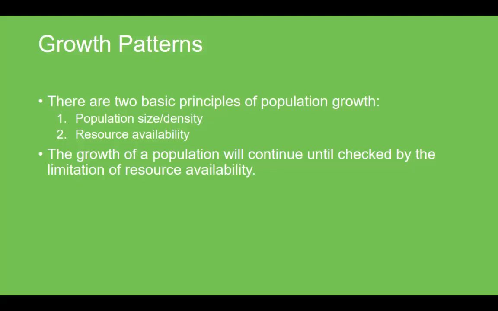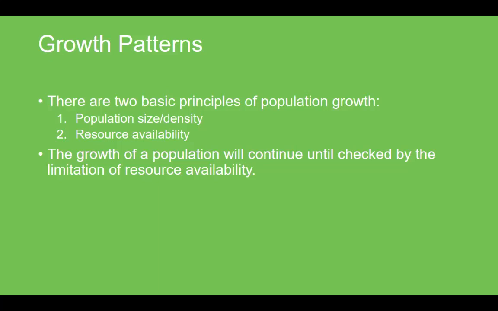Okay, often you may have heard of the term carrying capacity. So as there begins to be an increasing competition for resources, not everybody's going to make it because not everybody's going to get what they need to survive. This leads to 2 basic patterns of growth that we're going to explore here: exponential and logistic.